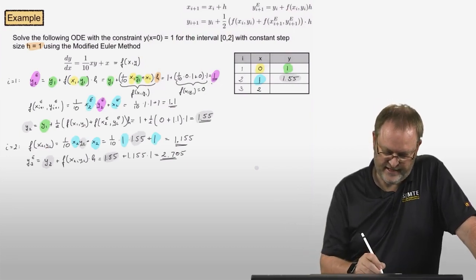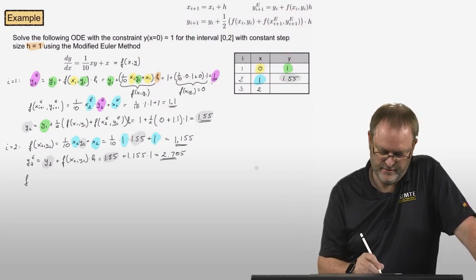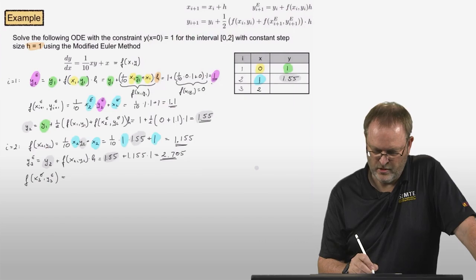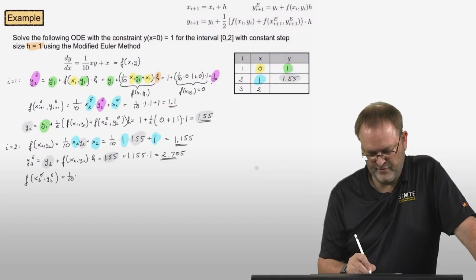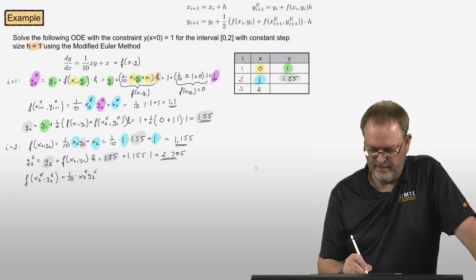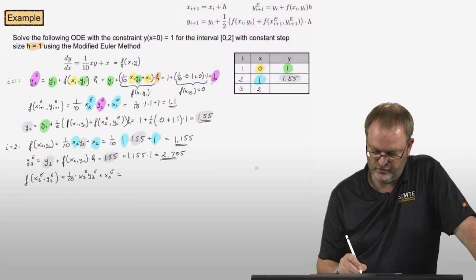And now I have to evaluate f at x3 Euler and y3 Euler. There we go. So that would be 1/10 times x3 Euler times y3 Euler plus x3 Euler. Let's plug in the values.